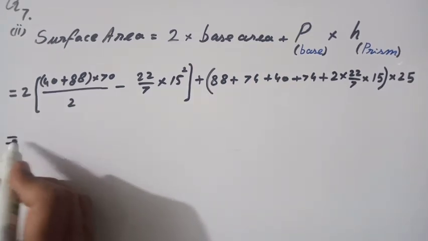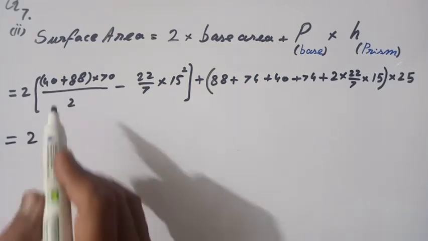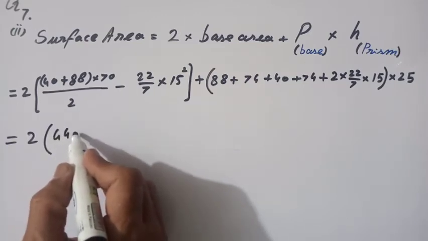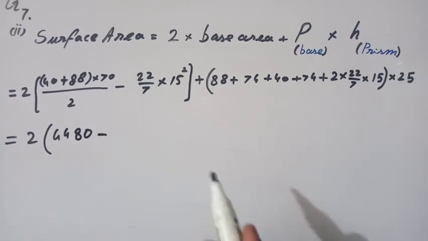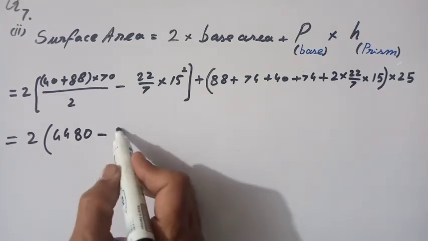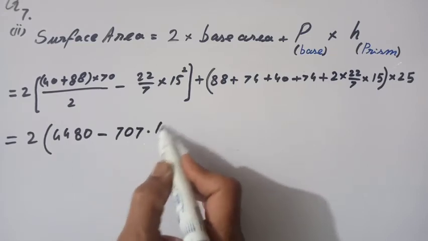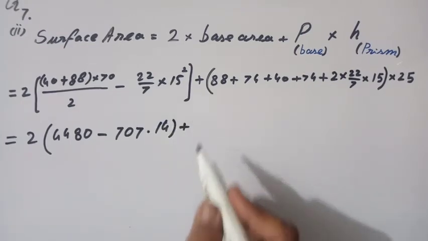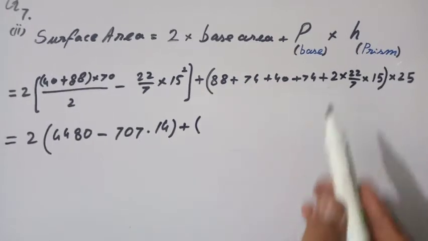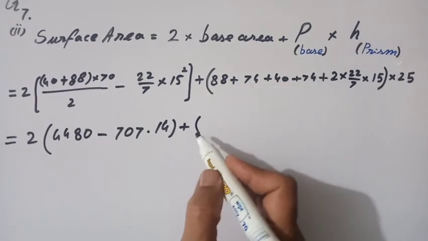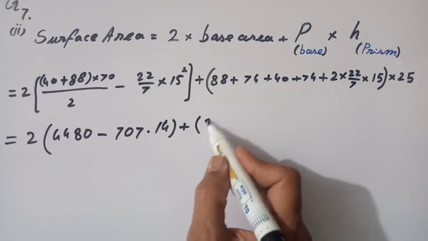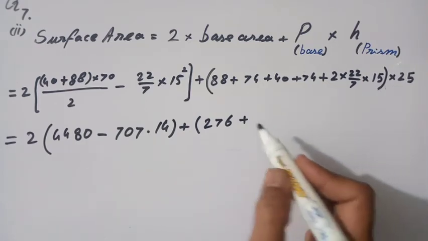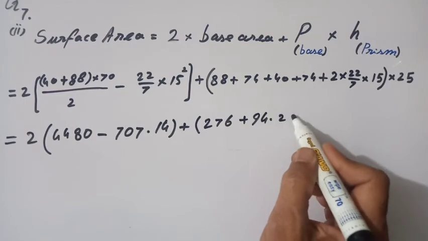Now this is equal to 2 times. Work this out, it becomes 4480 minus, work this out, it comes 707.14 plus. Adding all these 4 sides of the trapezium, it becomes 276 plus this circumference of the circle becomes 94.29.